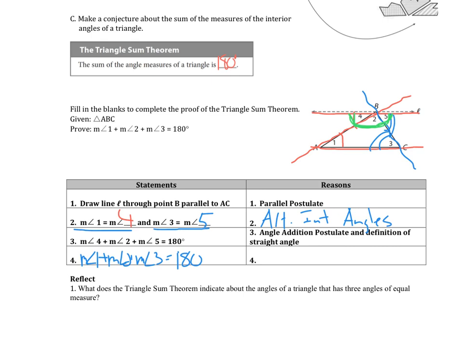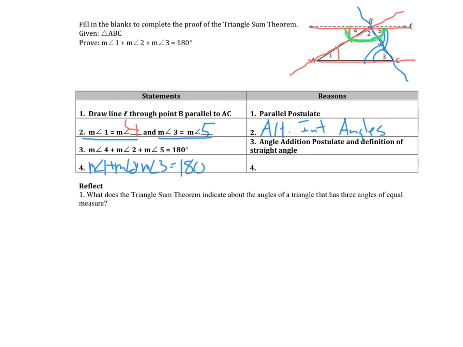So angle 1 plus angle 2 plus angle 3 equals 180. What would be our reasoning? What have we done for that step? Replace measure of angle 4 with measure of angle 1, and replace measure of angle 5 with measure of angle 3. That is substitution.